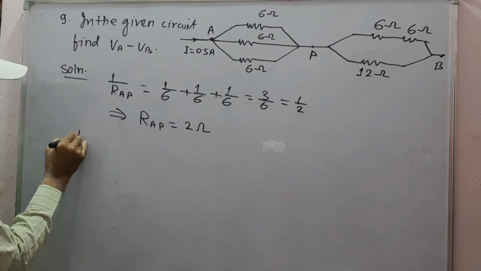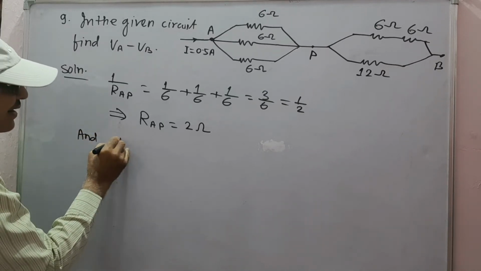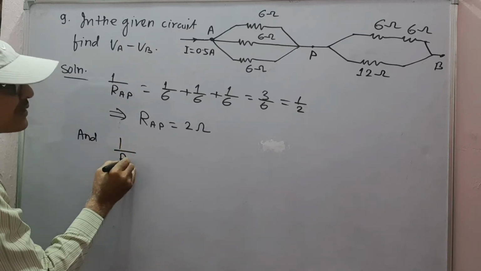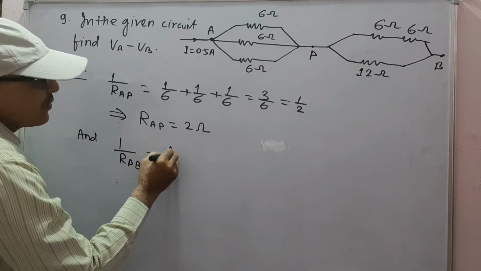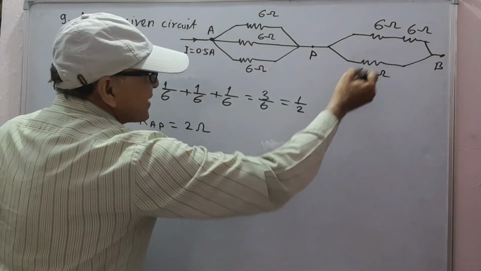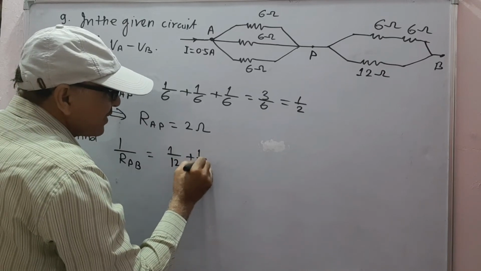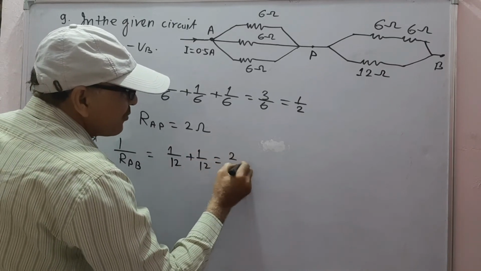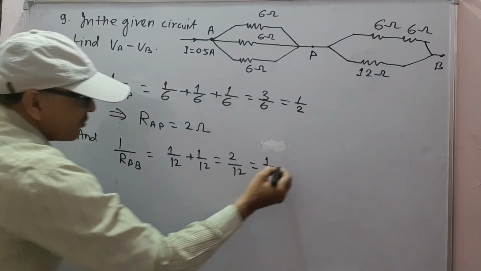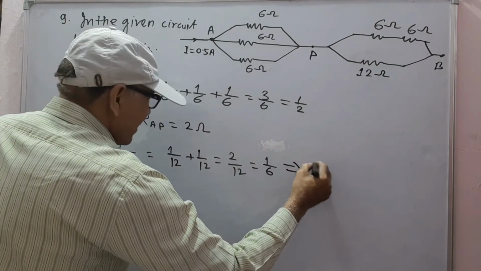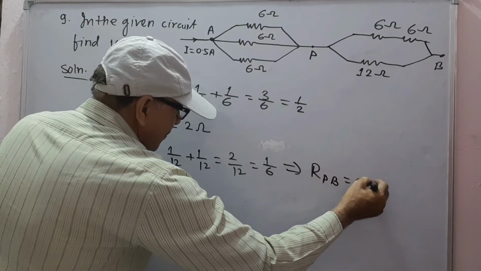Similarly, 1 upon R between P and B will be equal to 1 upon 12 plus 1 upon 12, this is 2 upon 12, 1 upon 6, which gives R_PB is equal to 6 ohm.